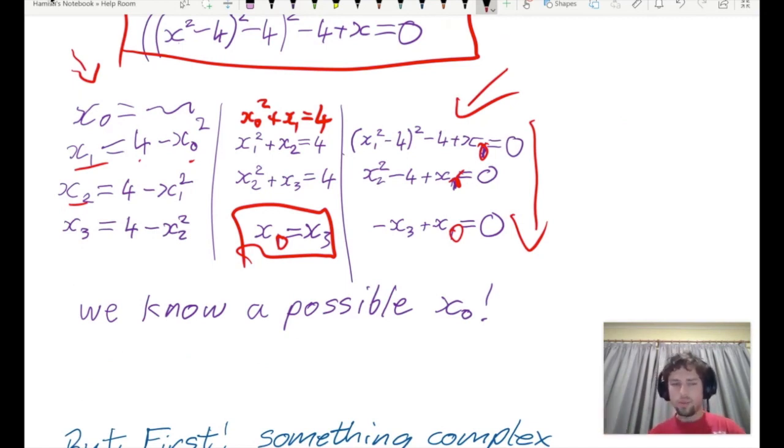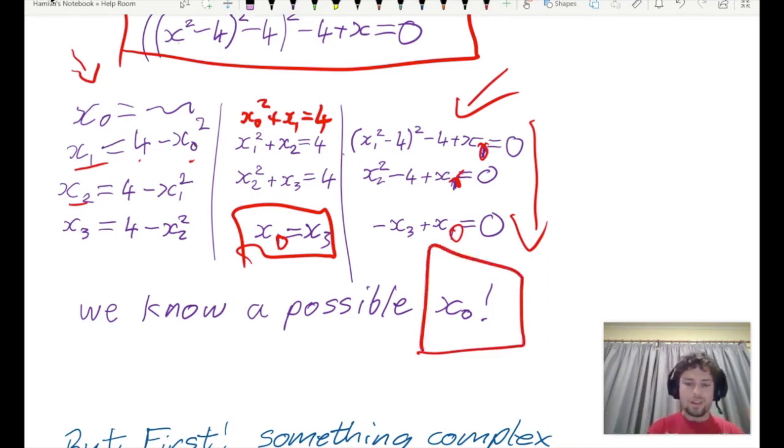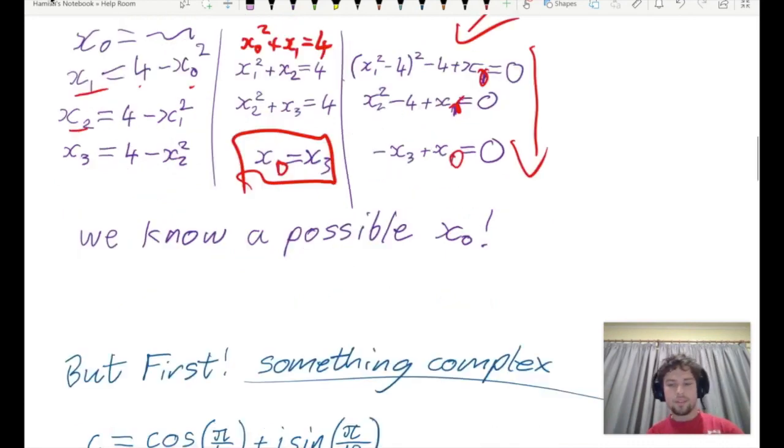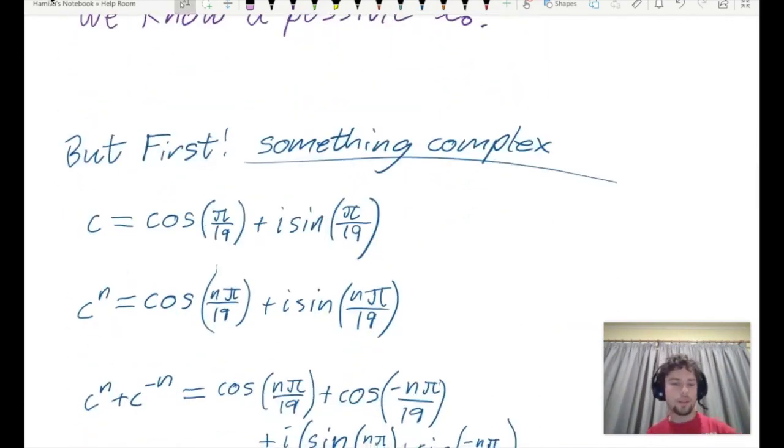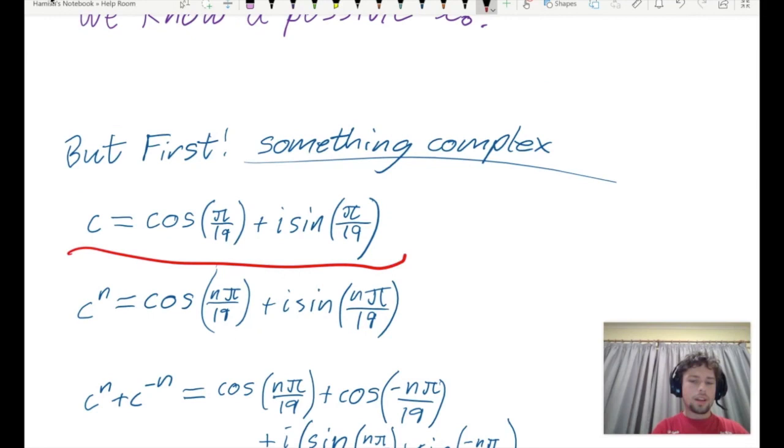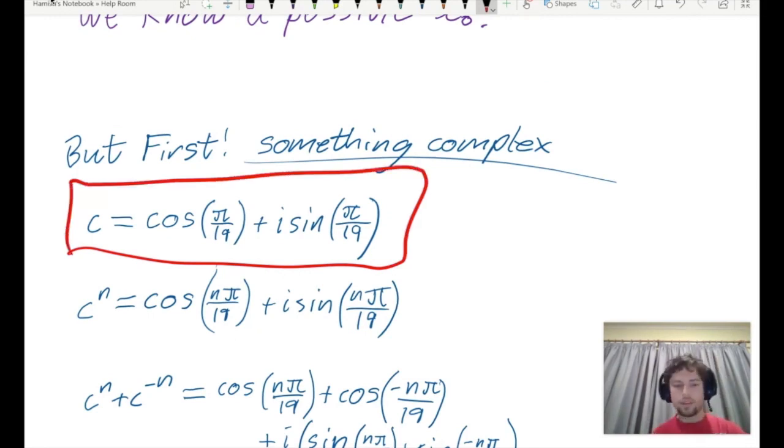And so what we need to do is show that each of these equations is true, including the last one. Luckily, we know a possible value for x naught, so we're going to give it a go. First, I want to mention something on complex numbers, simply that we're going to have this number c, a complex number, the i being the square root of -1.